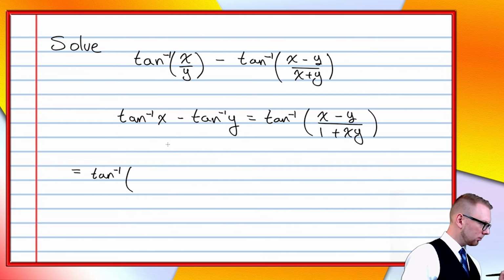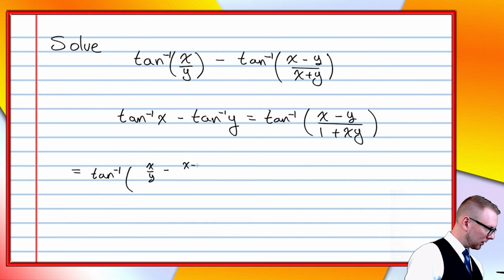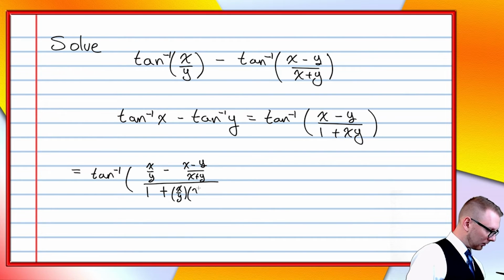This subtraction will become tan inverse. Well, instead of x, we have x over y, so we've got x over y minus this, x minus y over x plus y. And then we need to divide by 1 plus the multiplication, so x over y times x minus y over x plus y. Oof.